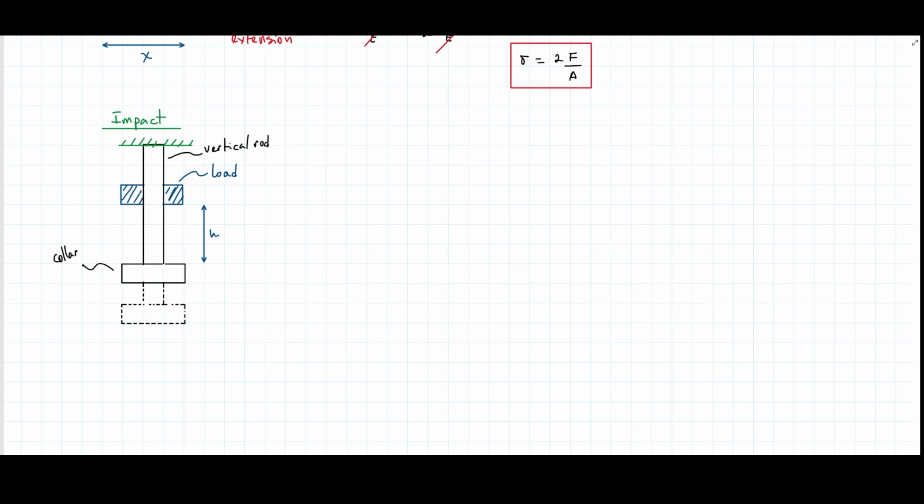So it extended a certain amount from here to here, and the distance from here to here is called L, the original length of the rod. When this load impacted the collar, it extended this much here. Actually, it would be nice if I move all of these to this part here. Yes, and then I can draw this line.